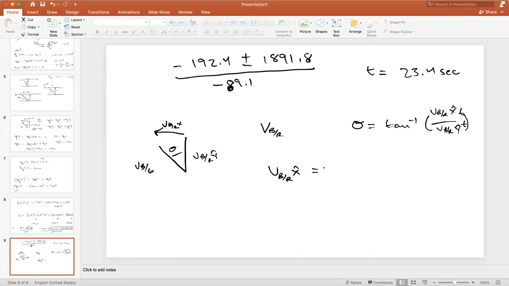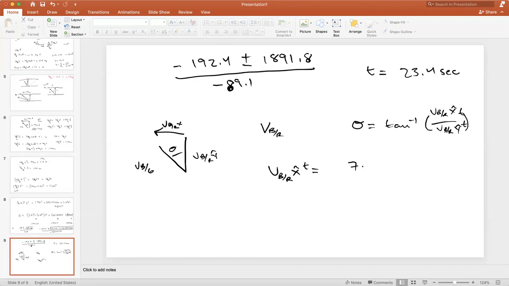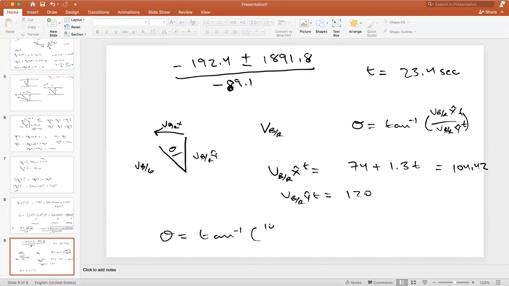VBR in the X times T is equal to 74 plus 1.3 times 24.3, or 23.4, which is 104.42. And VBR in the Y times T was 120. So our angle with respect to the y-axis is 104.42 over 120.